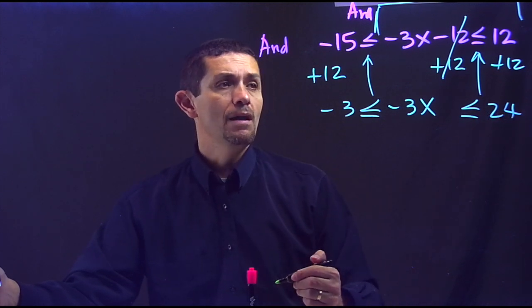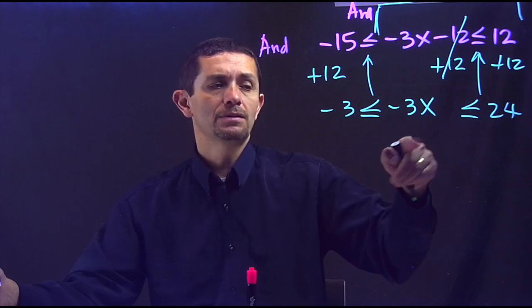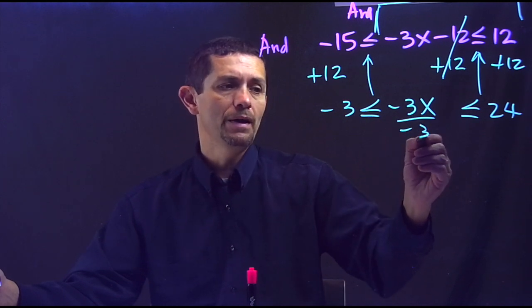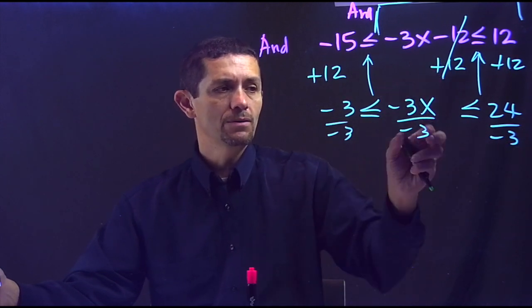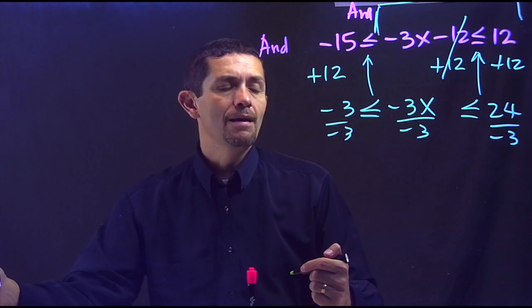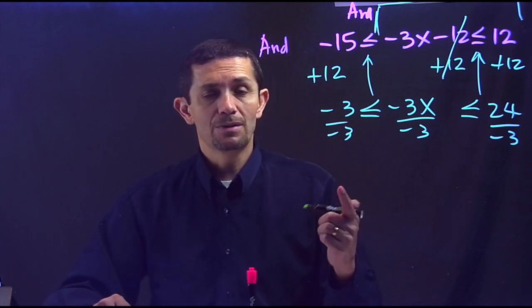Now, I have to cancel the negative 3 because the negative 3 is multiplying the x. The way to cancel is by dividing by negative 3, everywhere, the middle and both sides. Now, there's one difference between inequalities and equations, and here comes the difference.